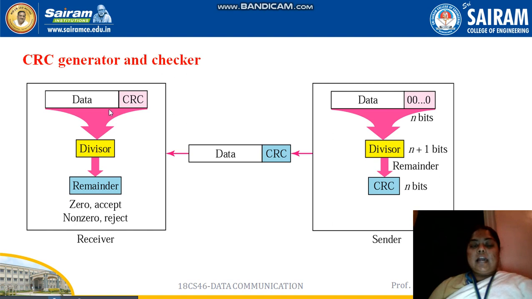I told you, on the sender side our data is there, and along with that I am going to add some extra bits. I am going to call that n bits, meaning this is our code word, not a data word. This code word I am going to add to our actual message or actual data, and it is going to be sent to our divisor.